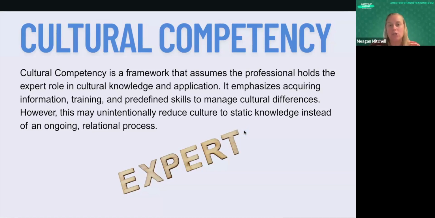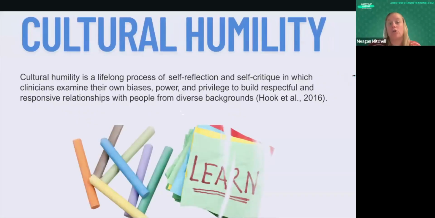And I think with culture, you have to approach it with wonder, curiosity, and every single person is going to present differently. So the movement now is, cultural competency is not cutting it. And we're moving more to cultural humility. How many of you have heard the term cultural humility? Raise your hand or just put it in the chat if you've heard this term.